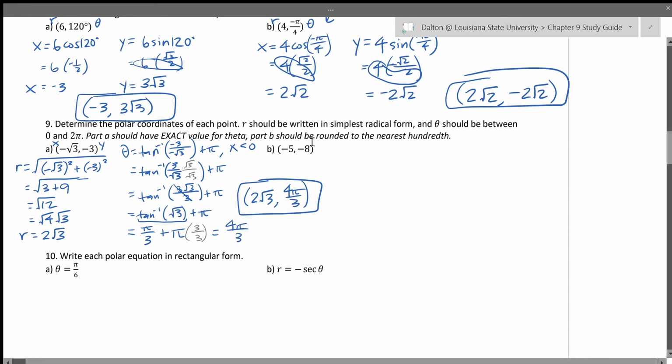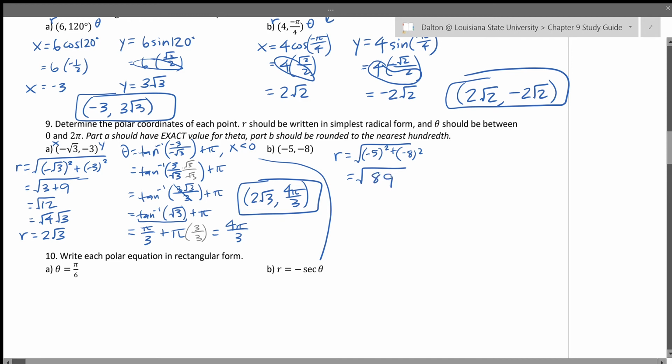Part B is going to be a little bit easier because I'm allowing you to round to the nearest hundredth. So start the same way, finding r. r will equal the square root of negative 5 squared plus negative 8 squared. So it'll be the square root of 25 plus 64, which is 89.